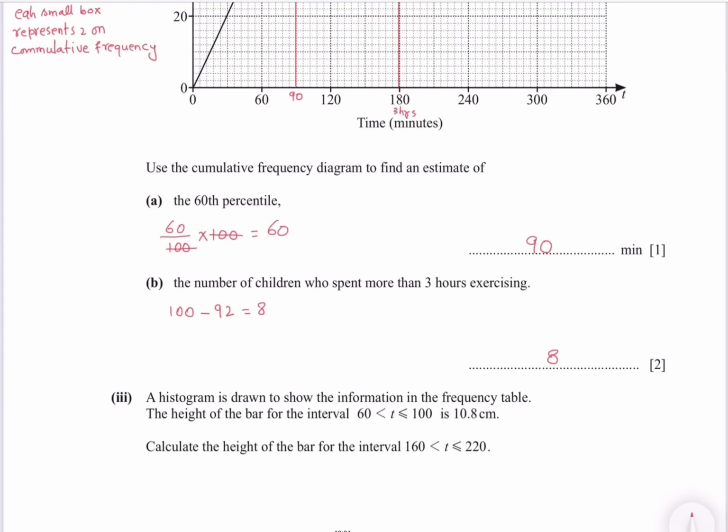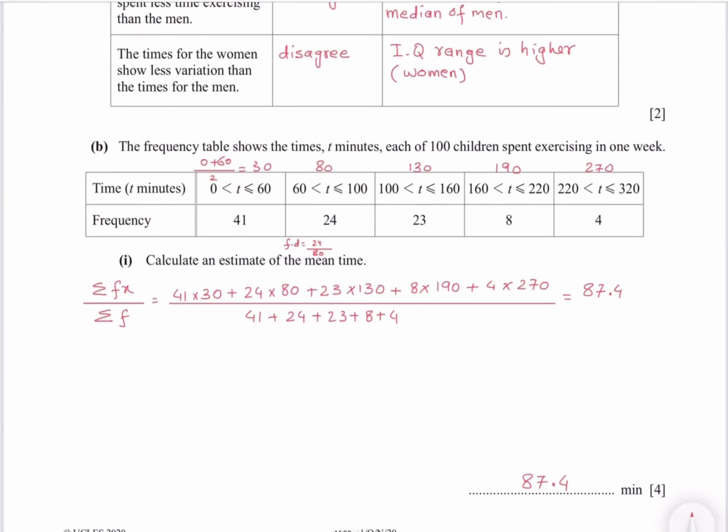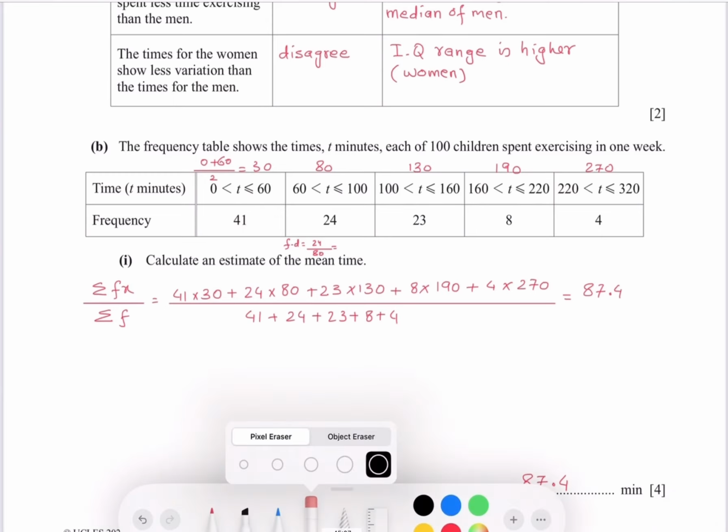A histogram is drawn to show the information in the frequency table. The height of the bar for the interval from 60 to 100 is 10.8. Calculate the height of the bar for the interval 160 to 220. So you have to calculate the frequency. I mistakenly wrote, actually frequency density is frequency divided by class width, so I mistakenly wrote 80, so I will correct it.